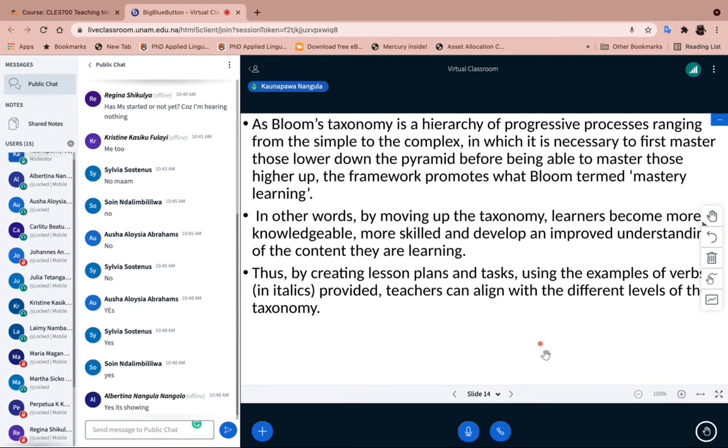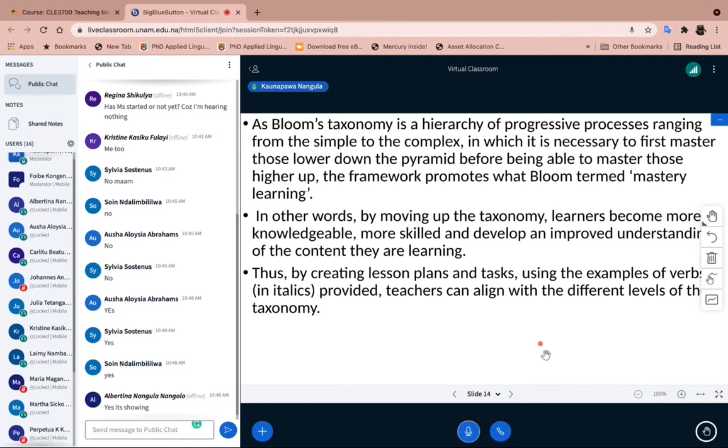And the framework promotes what Bloom's taxonomy terms mastery learning. So at first they used to say that before you move to levels like create and evaluate, obviously the learners need to master the levels like remembering, understanding, and applying, for example. But now we are not really starting from scratch with grade 10, 11, 12, and also grade 9, the ones that we will get to teach.